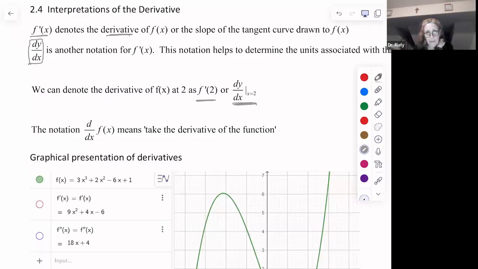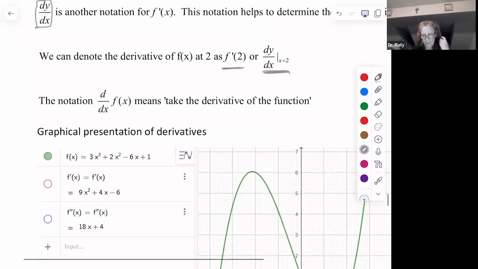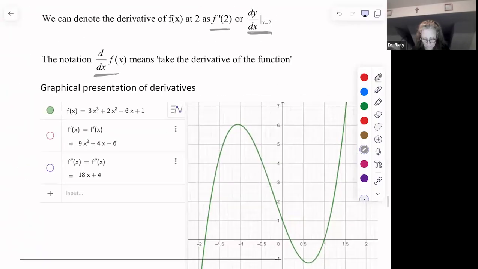So it's kind of like the word ice in the Eskimo language. It's important, so there's lots of ways to say it. Same thing for derivative, lots of ways to say it. And then the third notation is this. This is a command. It tells you to take the derivative of f of x. So that's a little fun fact there.